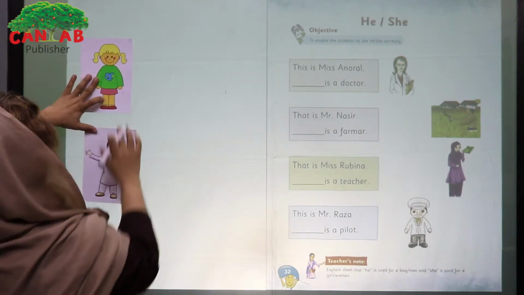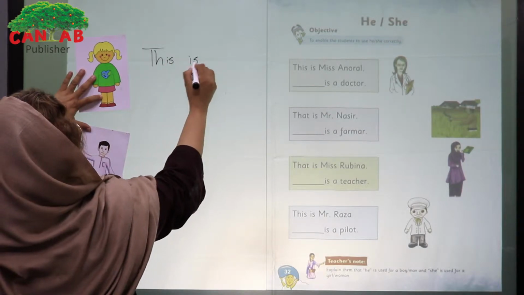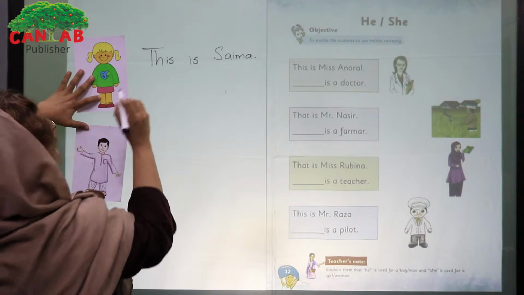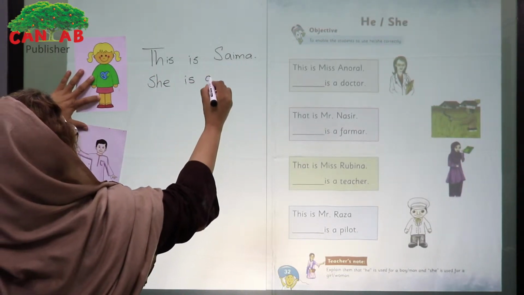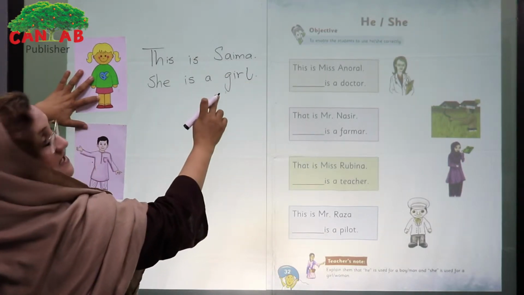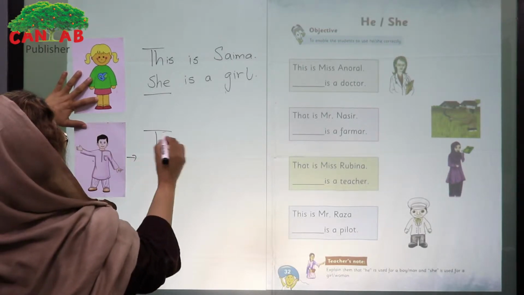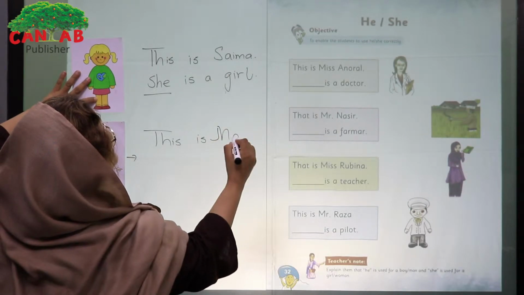Now look here. This is Saima. She is a girl. And look here. This is Manzar.